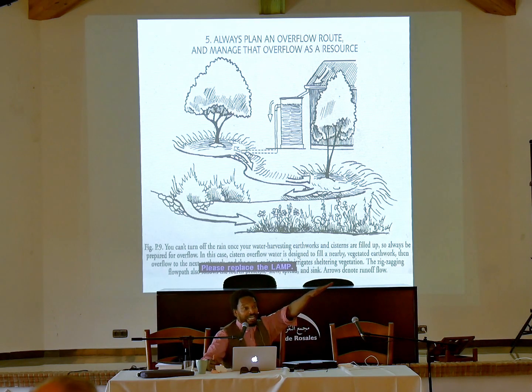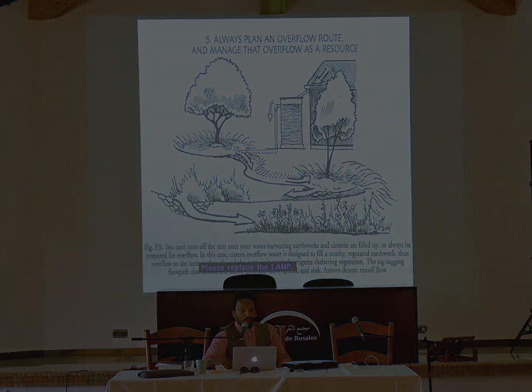You are wherever you are, but we want to be in a place where we can handle having 50 people on site and have it not be a problem. So that's a consideration at the very beginning that needs to be kept in mind. Okay, so that's 5. Plan for overflow.